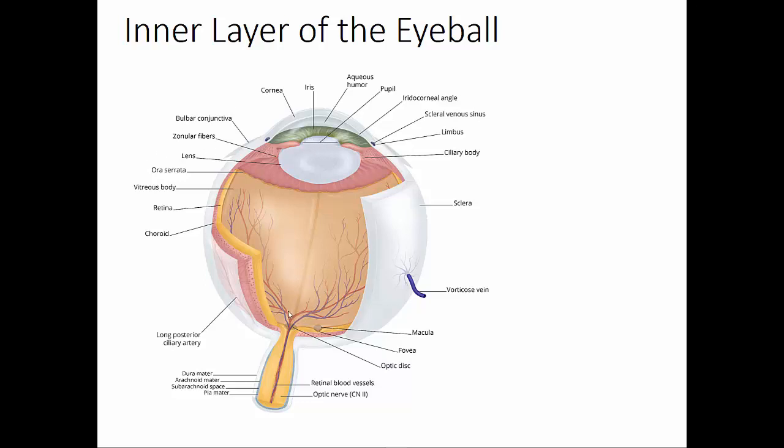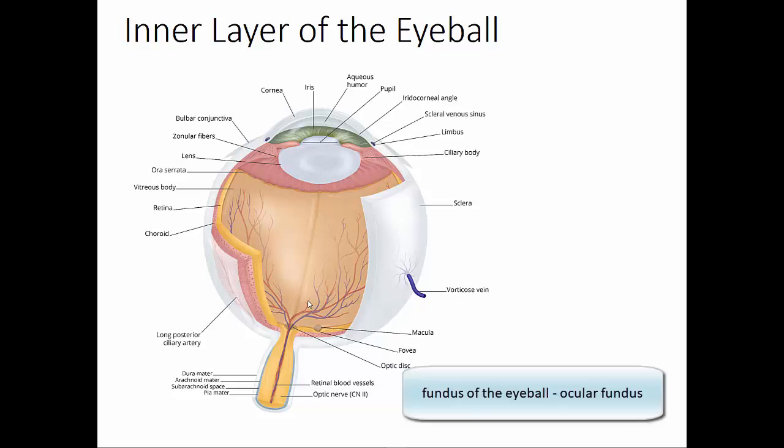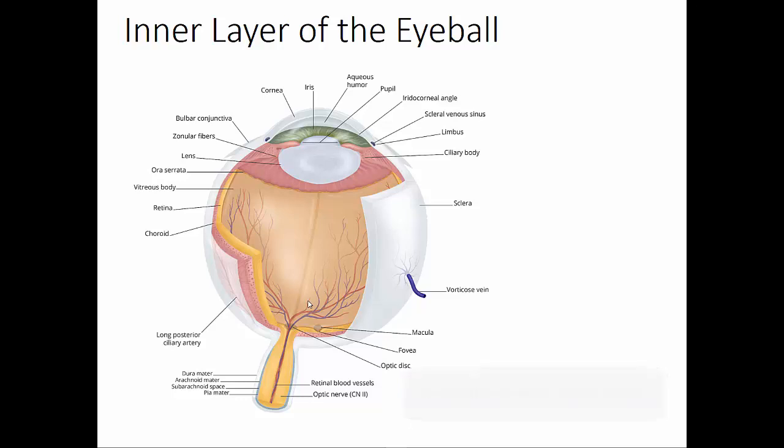Clinically, the posterior part of the eyeball here is referred to as the fundus of the eyeball, or the ocular fundus. And the retina of the fundus includes a distinctive circular area back here, which is called the optic disc. At the optic disc, there are no rods and cones.